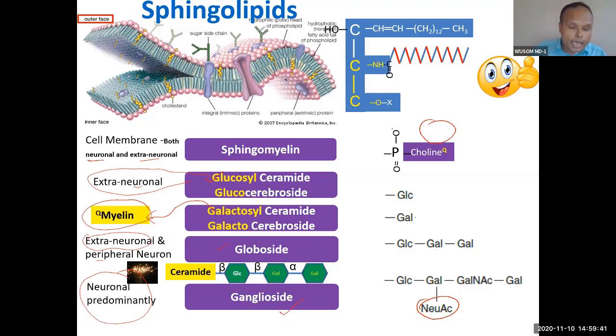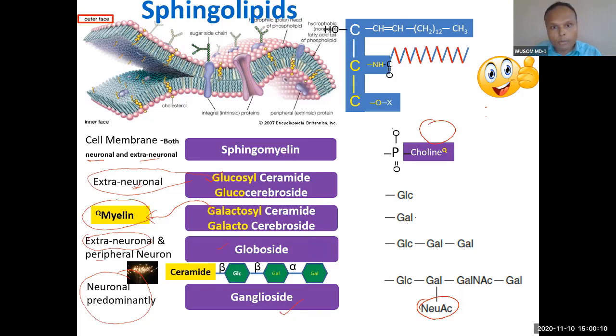So see, these are predominant locations. It is not a sharp distinction; some lipids present mainly in extraneuronal tissue can still be found elsewhere. If you understand the predominant location, you will understand the disorder.